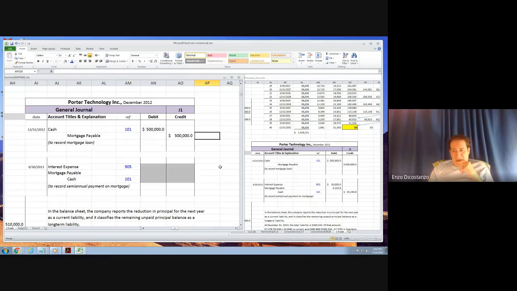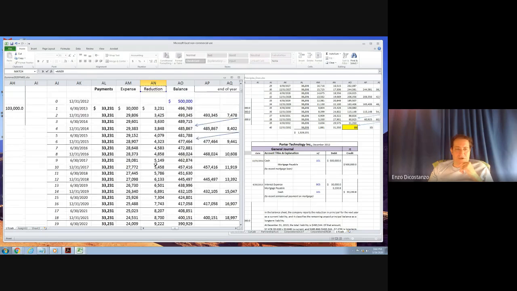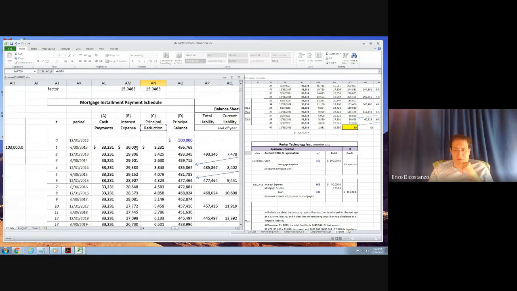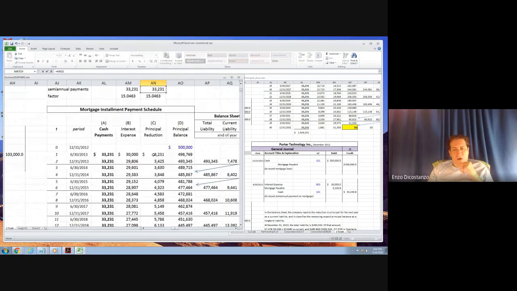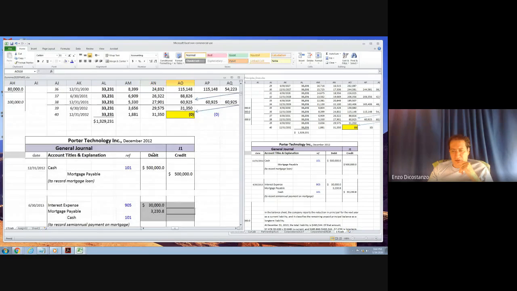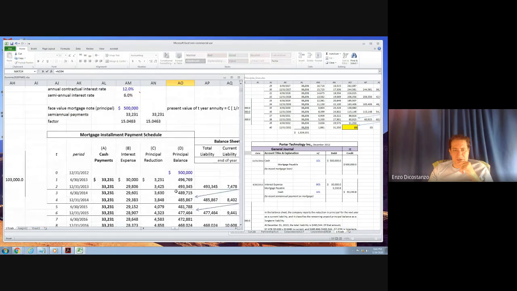And then the first interest payment, yeah, this is just what happens on June 30th, right? What happens on June 30th is you have 30,000, $3,231, and this is 33,230.